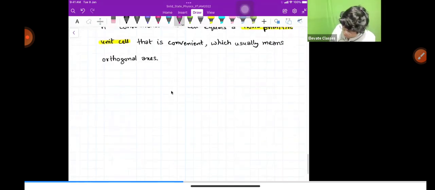Now let's take an example. So this is a structure.